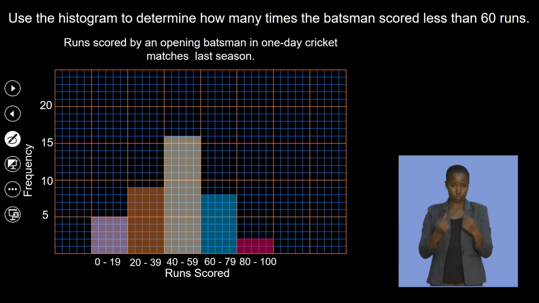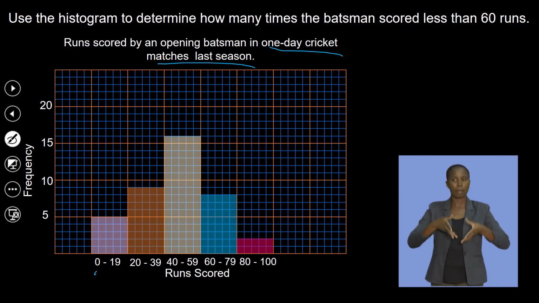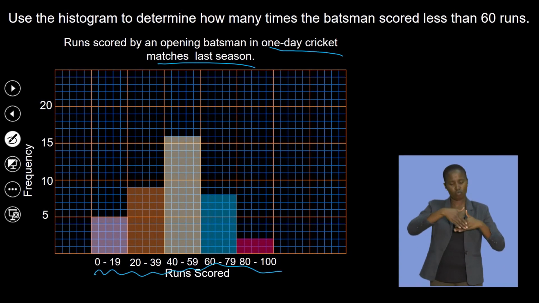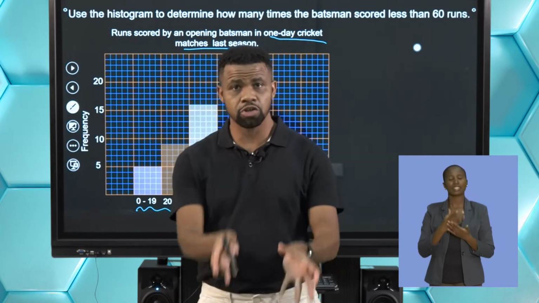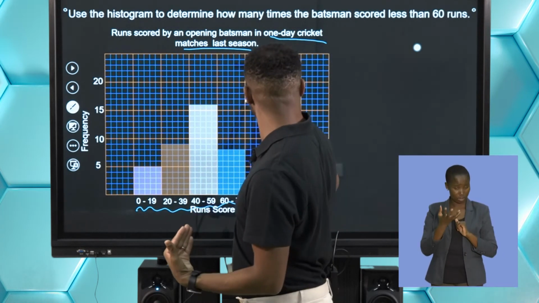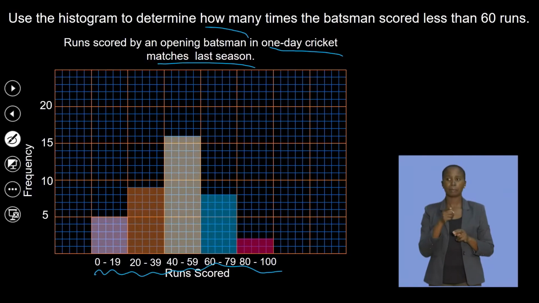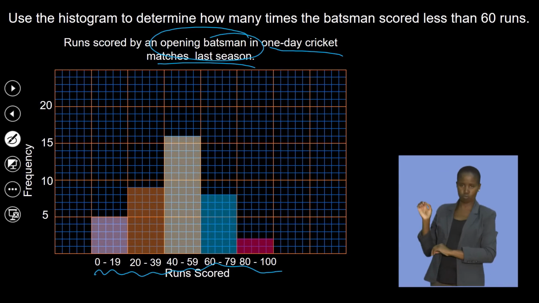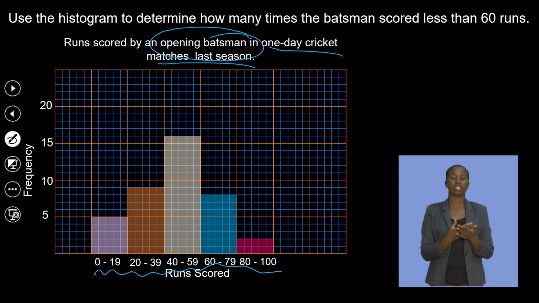We can look at runs scored by an opening batsman in one-day cricket. This is grouped data. Remember, when you play cricket, you get runs, which are the scores. The opening batsman is the first person who bats at a cricket match. Between 0 and 19 runs, we have 5 batsmen.